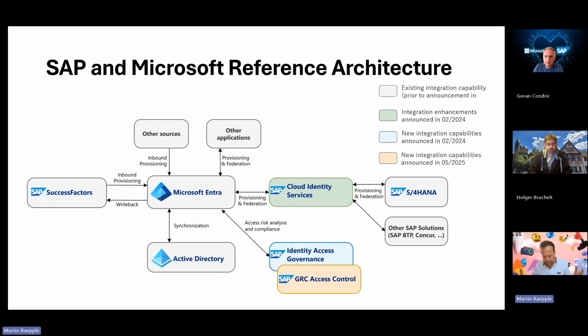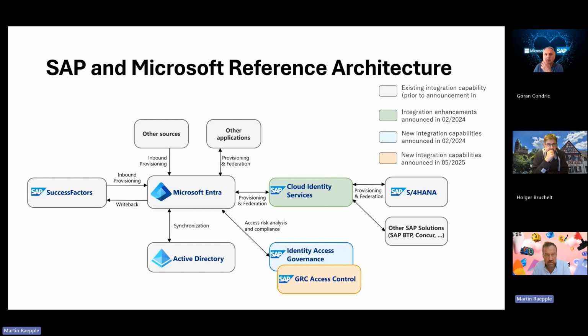Another artifact of the collaboration is this reference architecture that shows on a still quite high level how we envision integration or migration from SAP IDM to Entra. As you can see, in the center of this architecture, more on the left-hand side, is certainly Microsoft Entra, which not only consists of the traditional directory or Entra ID tenant.